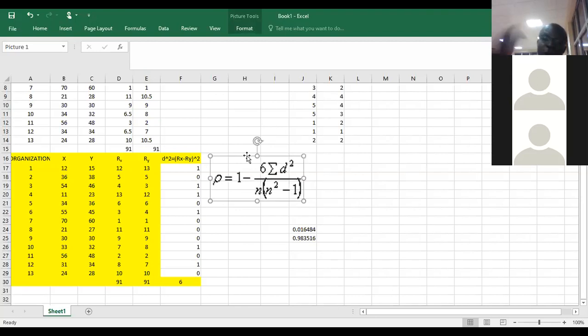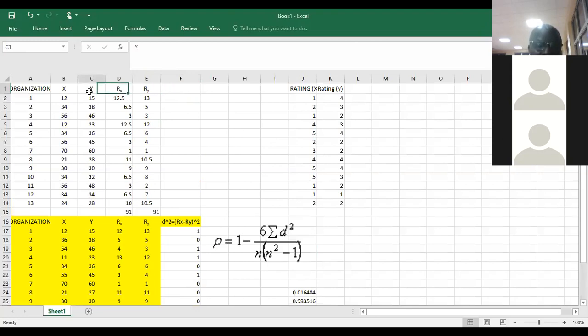And then you use the model I'm going to give you, where the ranks are repeated, both for this and for this. So this is the model where ranks are repeated.